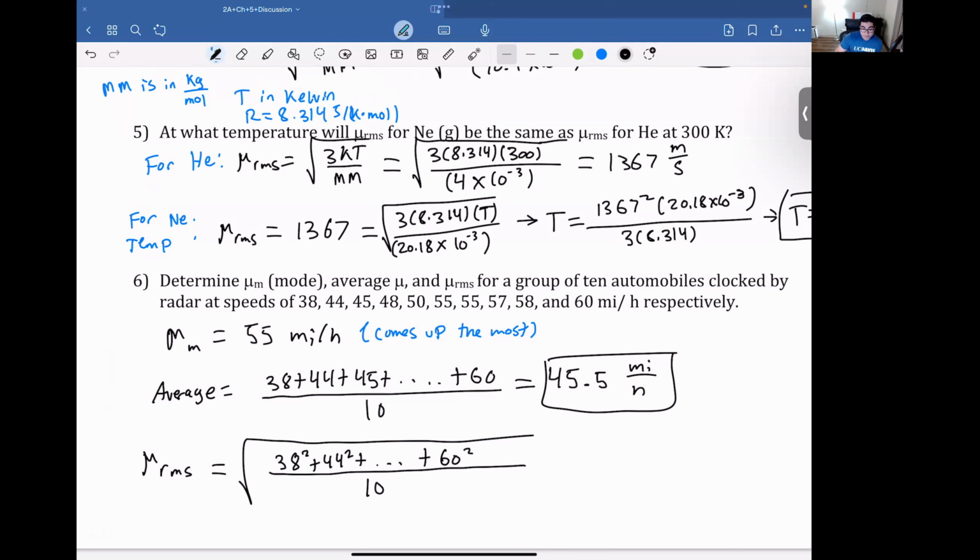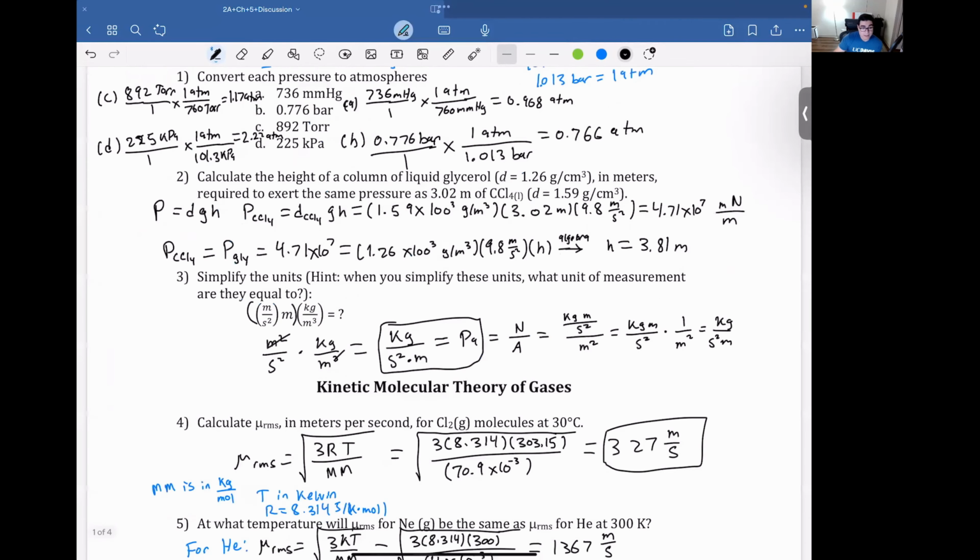So root of the mean of the squares. You plug this into your calculator, you get 40.7 miles per hour. All right, then that's it for this.